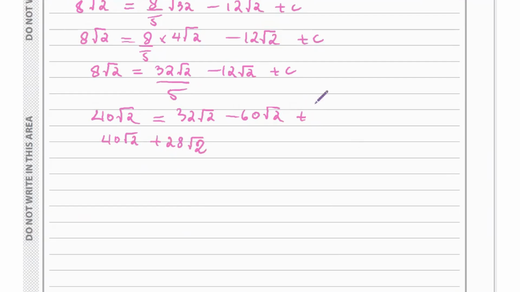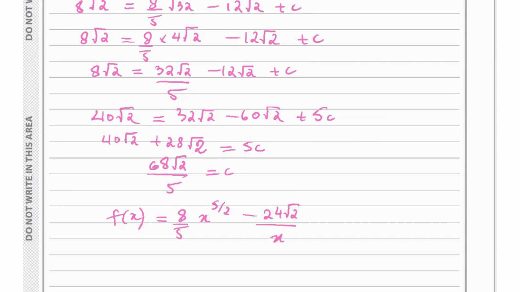So this is going to be 5c, which equals 68 root 2. Divide that by 5, and that's the value of c, which means f of x is going to be 8 over 5 times x to the power of 5 over 2 minus 24 root 2 over x plus 68 root 2 over 5.